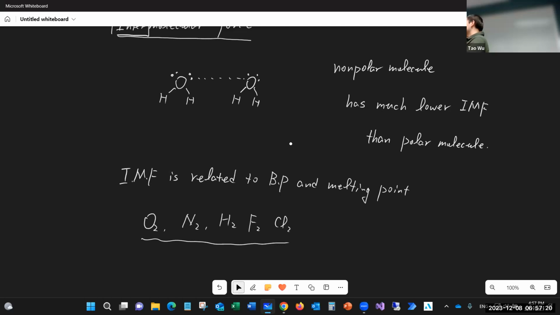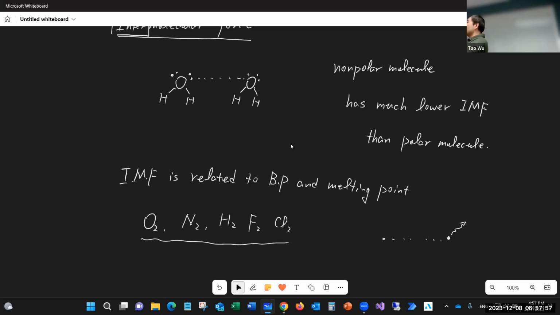Remember, the intermolecular force is the force holding two molecules together. If the molecules have really strong energy, they break the force and fly away. So that's why they become a gas. Oxygen, nitrogen, hydrogen, fluorine, and chlorine are all gases because the intermolecular force is so weak.